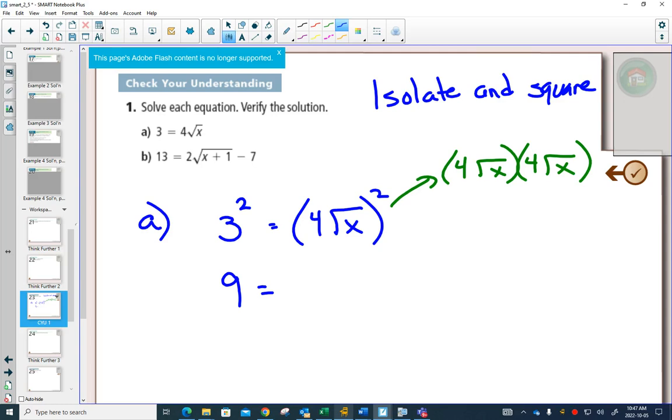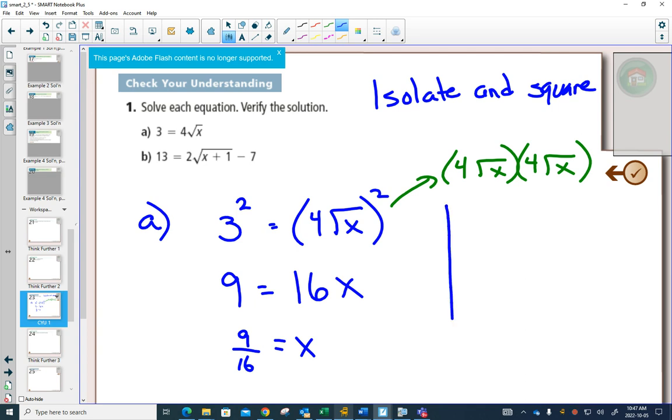We get 4 squared is 16. Squaring gets rid of the square root sign. Okay? So we get 16x. Last, to get x by itself, I would need to divide both sides by 16. So I get 9 over 16, which is done.